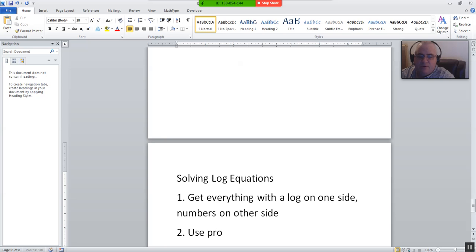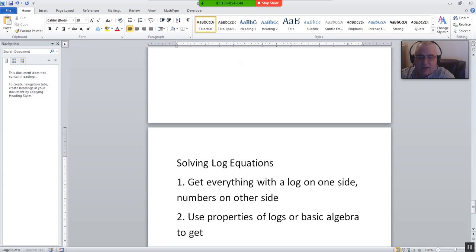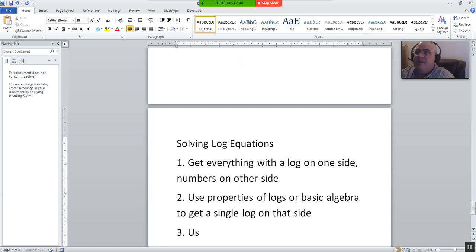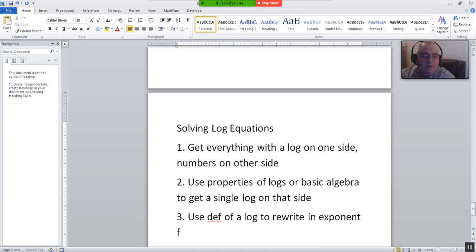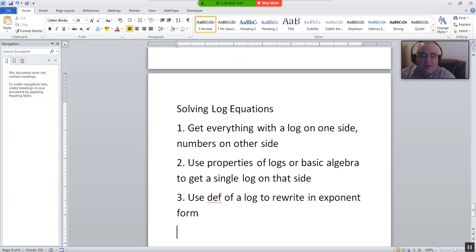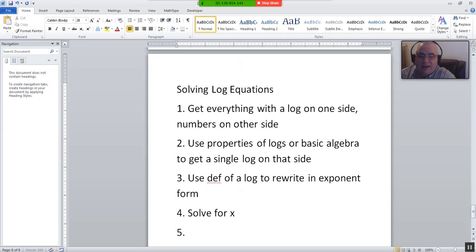Step 2, use properties of logs or basic algebra to get a single log on that side. Step 3, use the definition of a log to rewrite in exponent form. Step 4 is solve for x. And then step 5 is to check your answers.